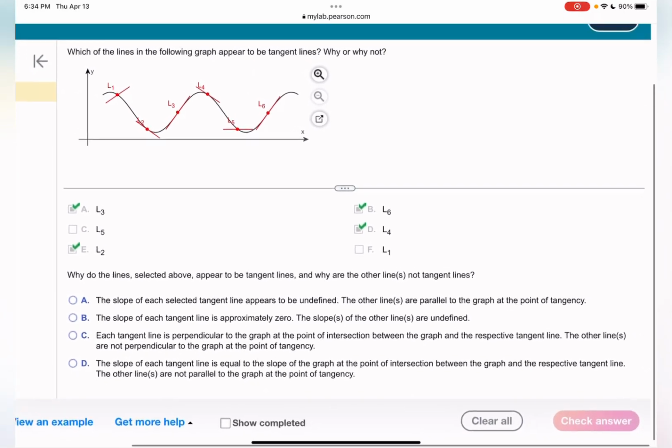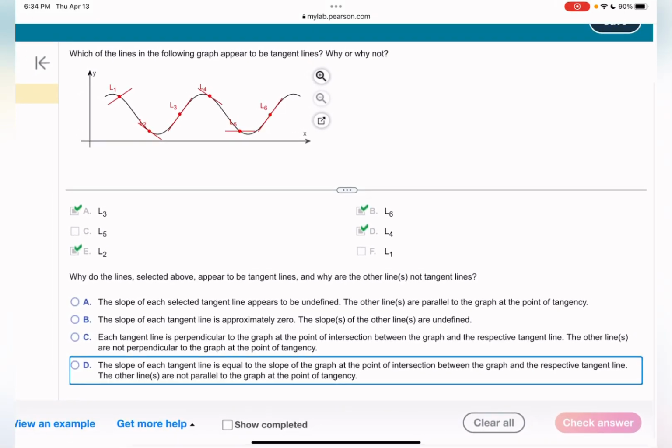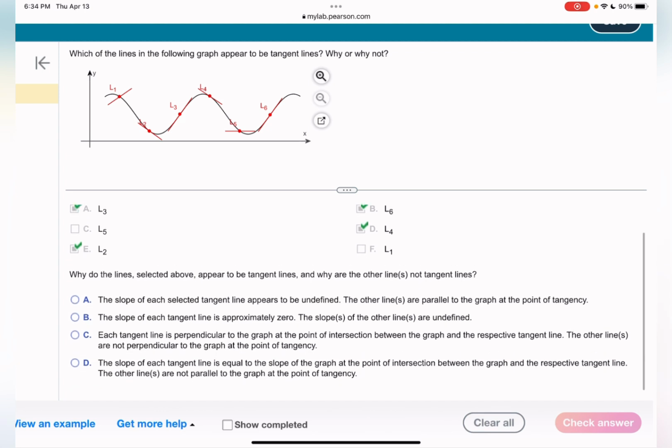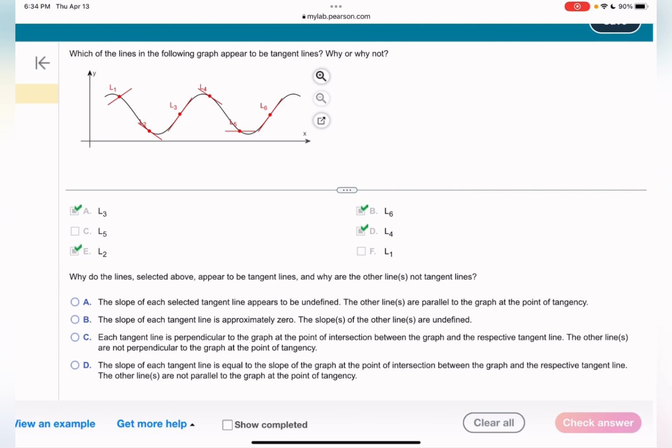Let me read C. Each tangent line is perpendicular to the graph. What? Appear to be undefined. B is the slope of tangent line approximately 0. Perpendicular is not. The slope of each tangent line is equal to the slope of the graph.